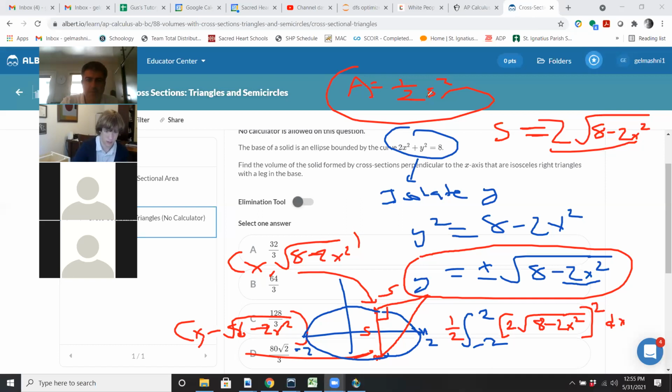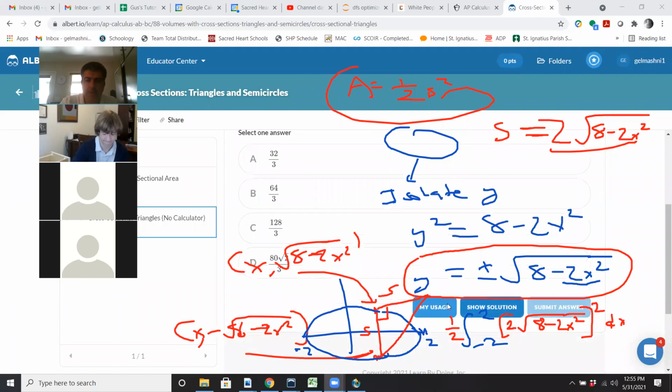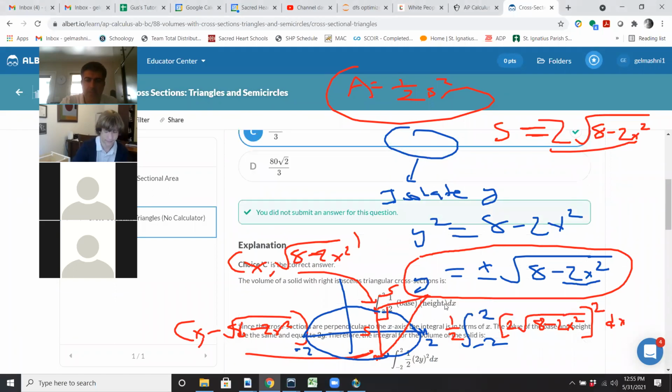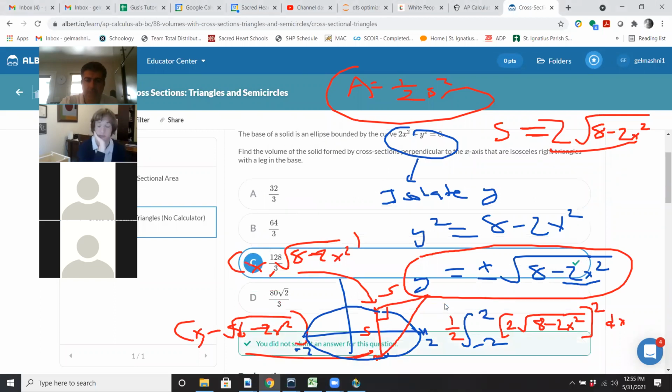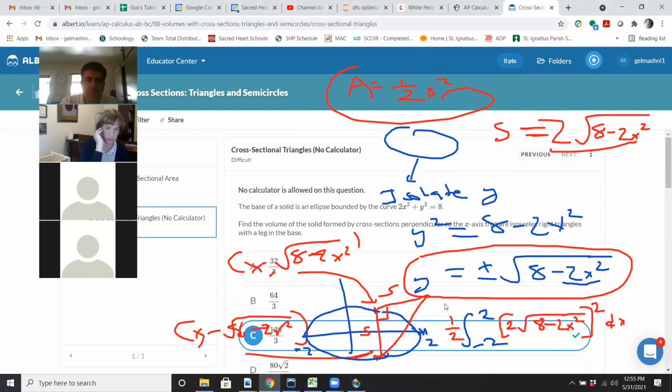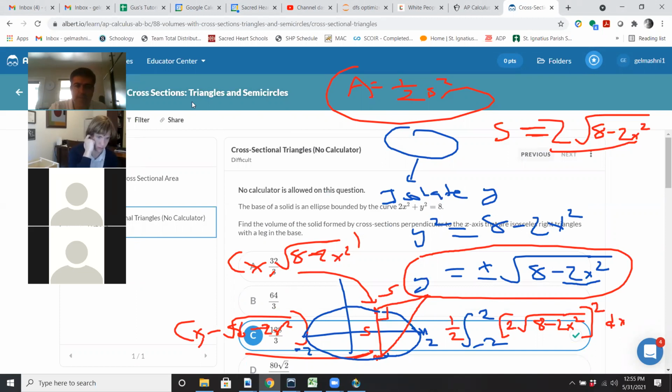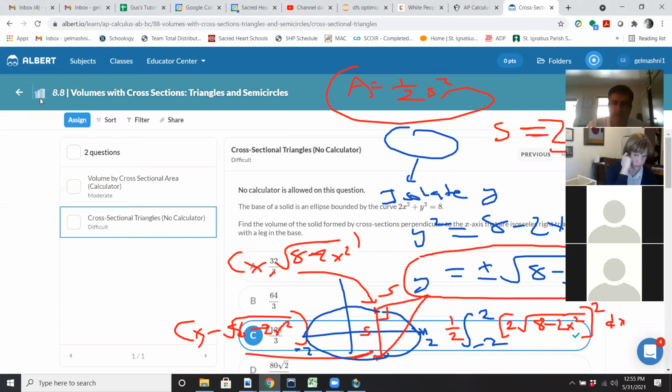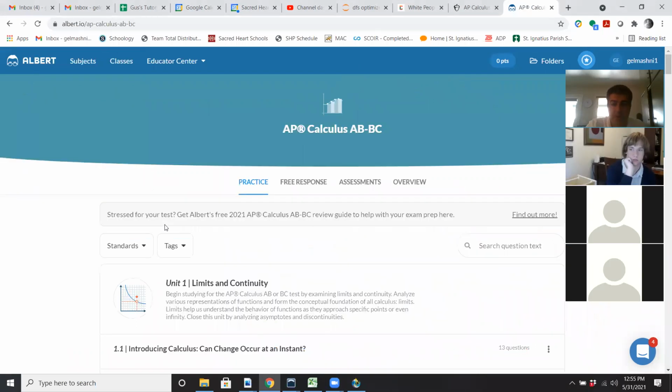The answer should be 42.667 if you integrate it correctly. The answer is C for that one. So yeah, kind of a wild one, but I think of it as the concept of depth, at least for cross sections.